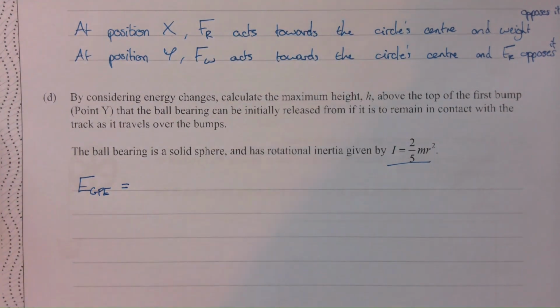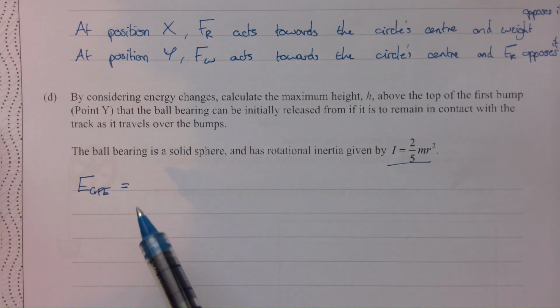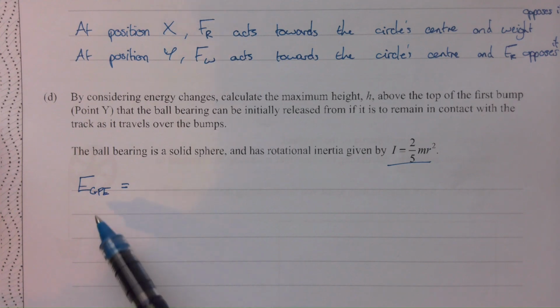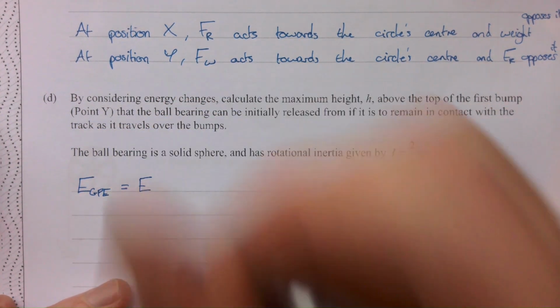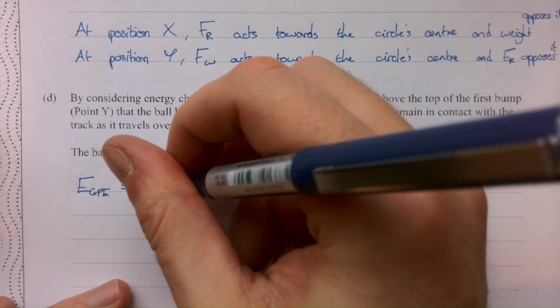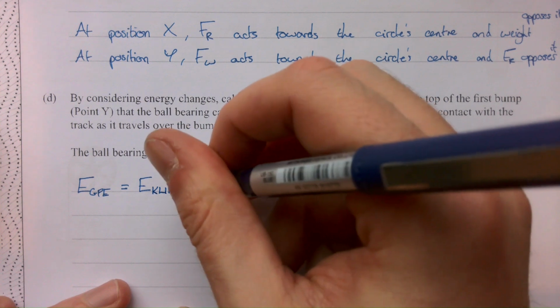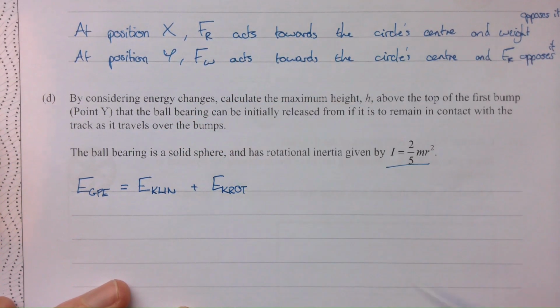By the time it has travelled down and across to the top of the first bump, it will have transformed that energy from potential energy into kinetic energy. But because this is a ball that is rotating, we're going to have two kinetic energies, the linear and the rotational kinetic energies.